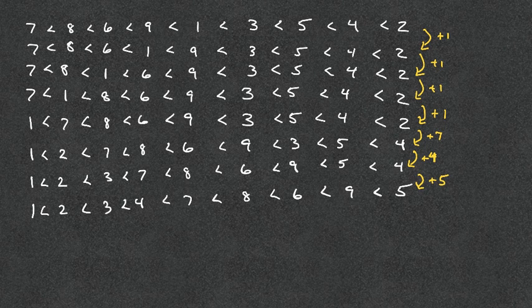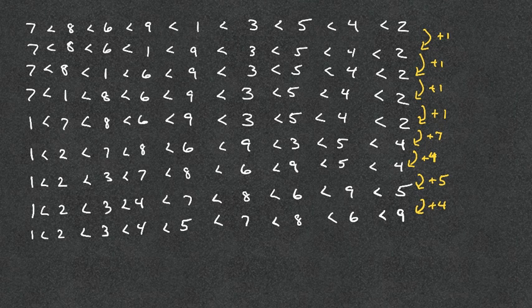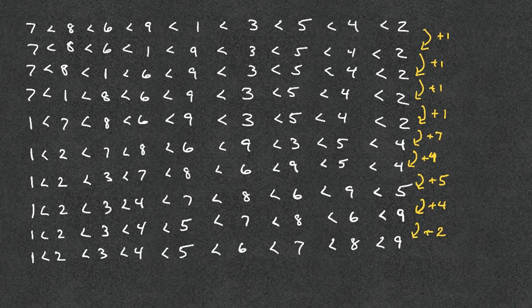To get 5 back into place is going to take 4 transpositions. To get 6 into place will take 2 transpositions. And this finally gets us back to our standard ordering. So our total number of transpositions is 26. And so that tells us that our original permutation is even.